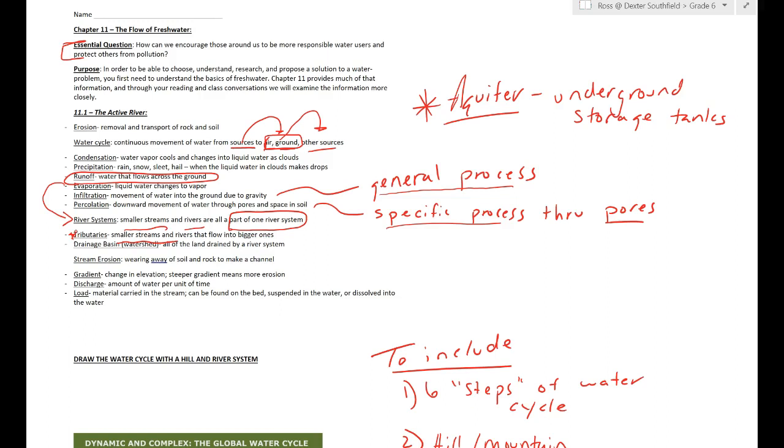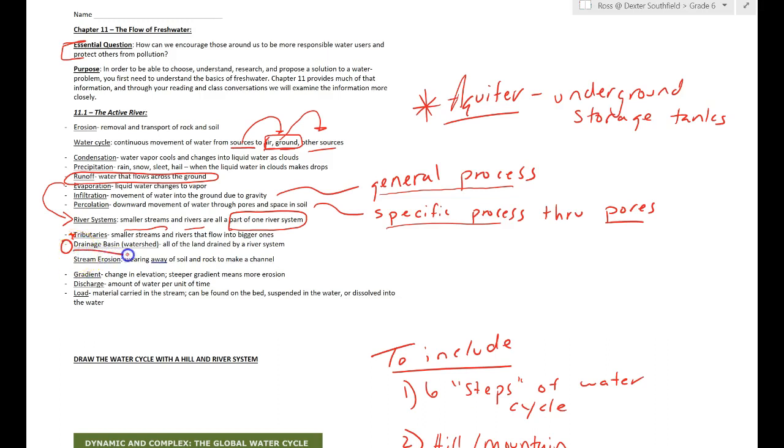When you're talking about all of those different streams and rivers together as one system, you're talking about a drainage basin or a watershed. That drainage basin or watershed is essentially the all-encompassing word that accounts for the streams and rivers that flow and merge together before ending up in a lake or in the ocean.